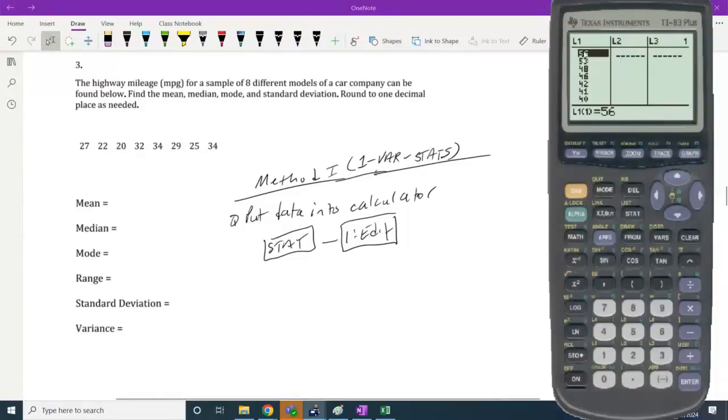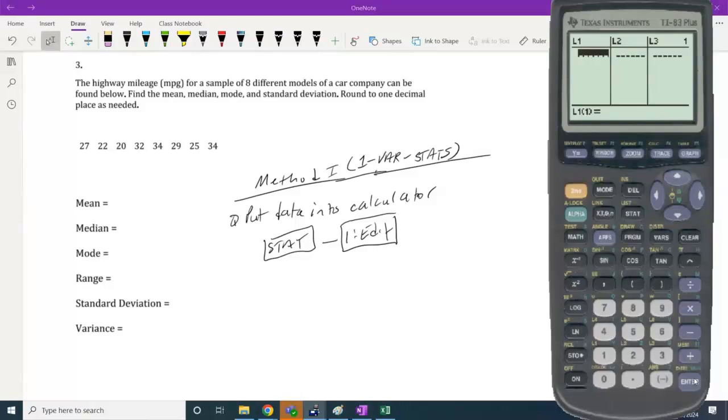So I already have some data for list one. I can either hit delete and delete each one at a time, or I can go to the very top of the list, hit clear and enter.